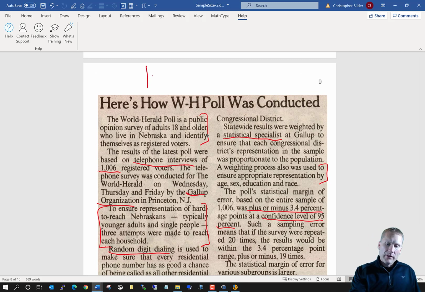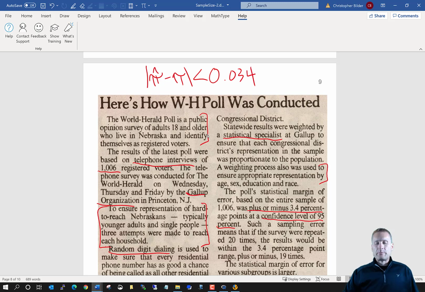So what that means is as follows. Let's say pi represents the proportion that will vote for Chuck Hagel. Now if they go out, take a sample, calculate pi hat. Go out, take a sample, calculate pi hat. And suppose they did this 20 times.